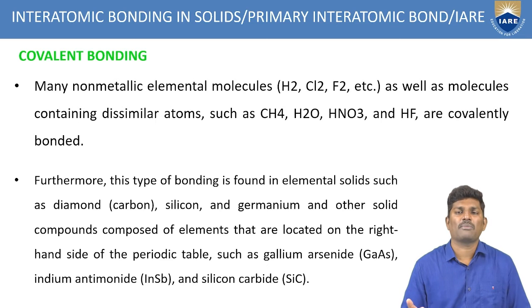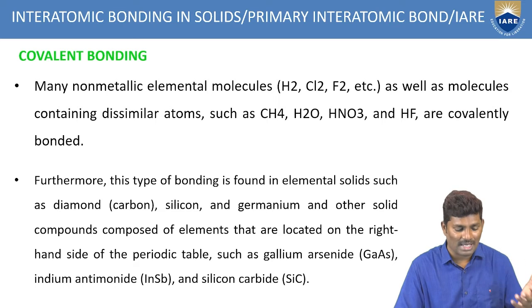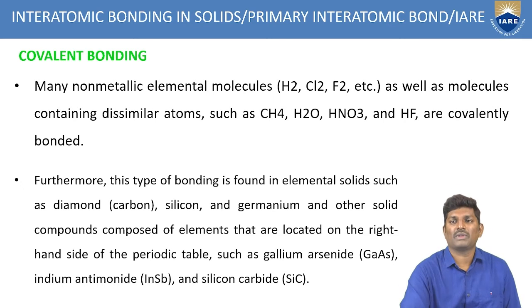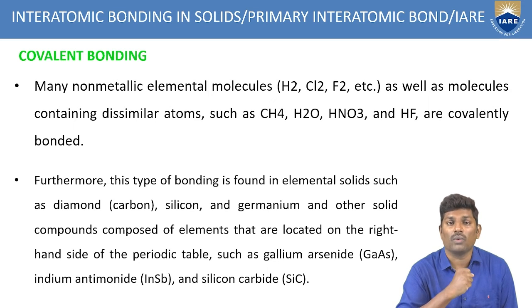And further, this type of bonding is found in elemental solids. What elemental solids can we find covalent bonding in? Examples are diamond, silicon, germanium and other solids composed of elements located on the right-hand side of the periodic table, like gallium, and you can have silicon carbide. So these are the solid elements where you can find covalent bonding.